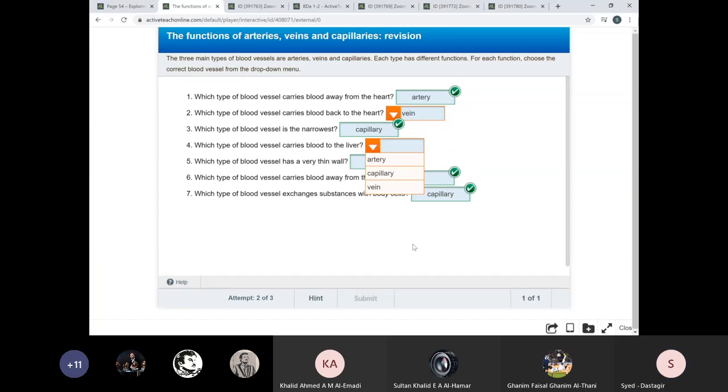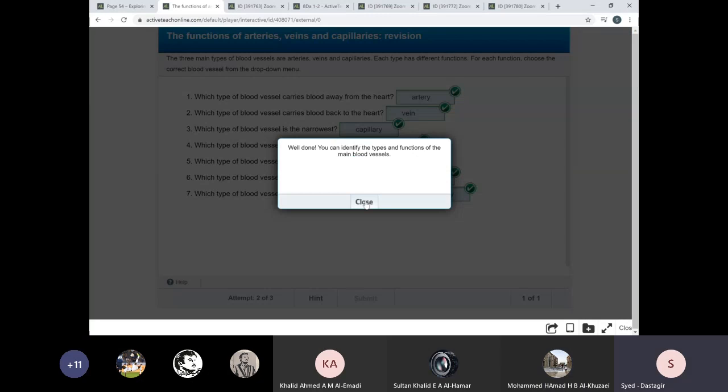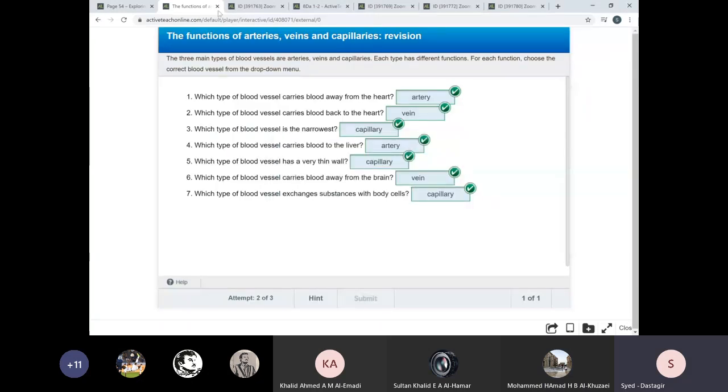No? Let's choose somebody else. Mohammed Hamid, are you there? Yes. Okay, so which type of blood vessel carries blood to the liver? Artery. Let's have a look. Well done. Excellent, guys. Completed that.